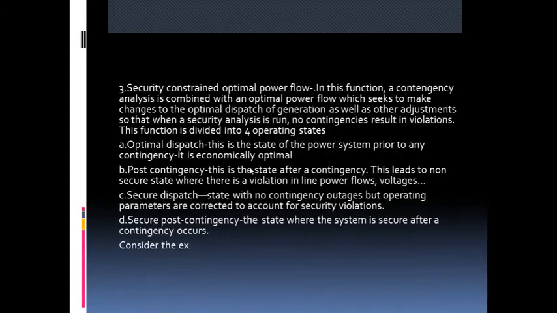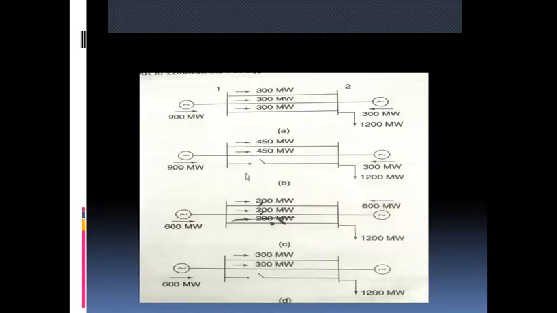Maximum capacity was 300 megawatts, but since this line is not available for service, 900 megawatts has to be shared by these 2 lines. So there is a violation in the power flow. Of course, finally 900 plus 300, 1200 is supplied to the load.